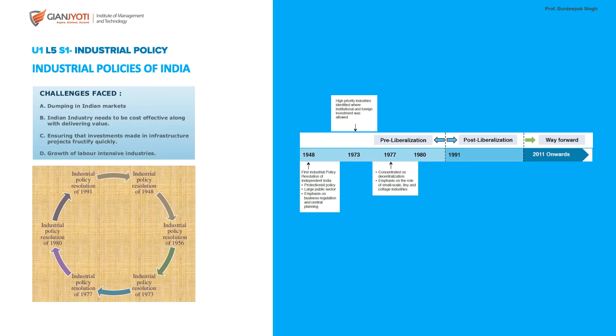So the focus of industrial policy in 1977 was more rural small scale cottage industry and also more decentralization.